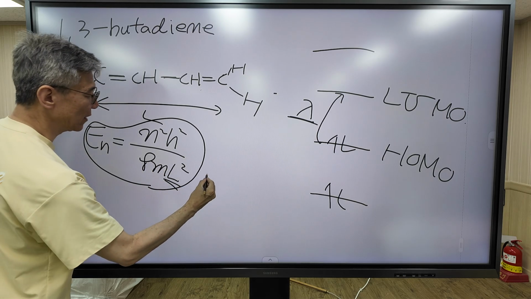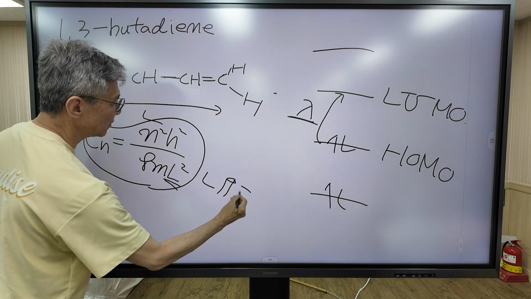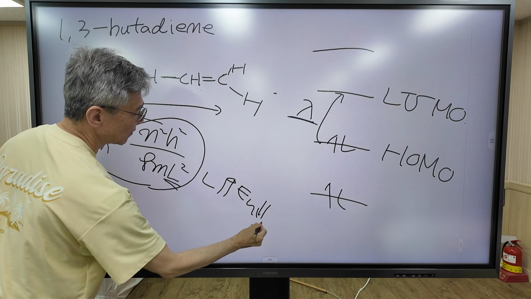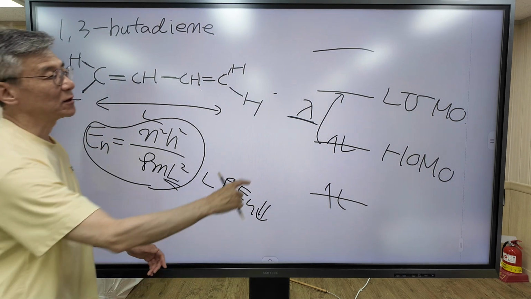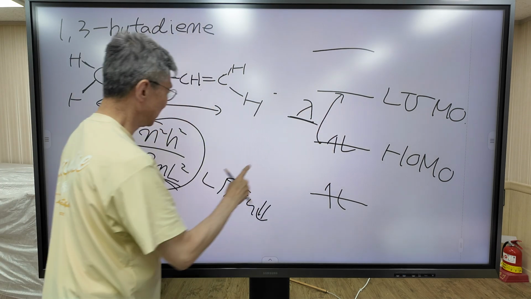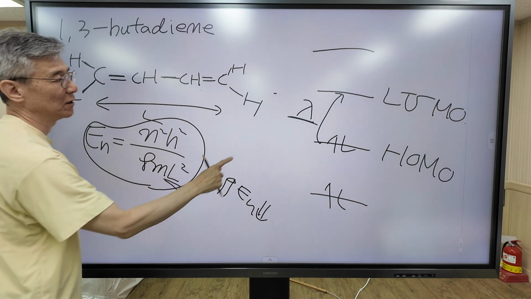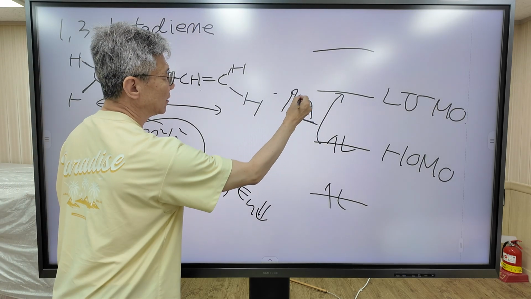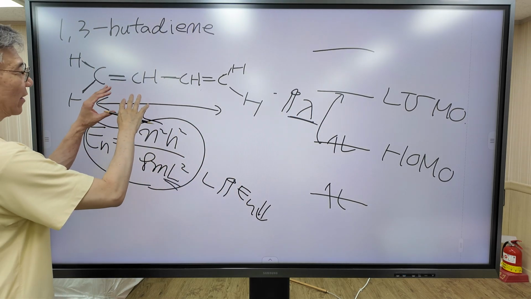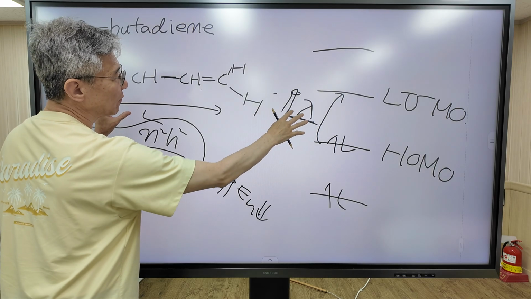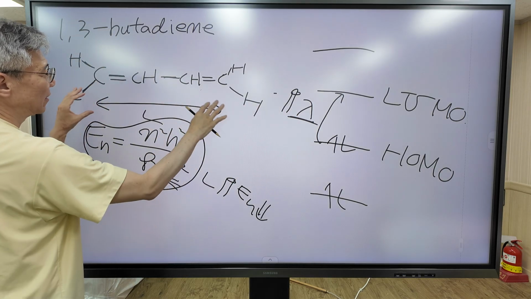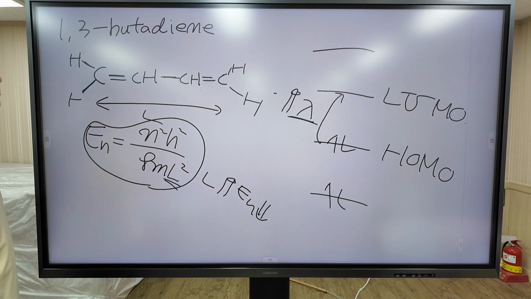So when L increases, energy level decreases. So energy gap also decreases when L increases. So wavelength also increases. So in summary, the HOMO-LUMO wavelength depends on the length of the molecule.